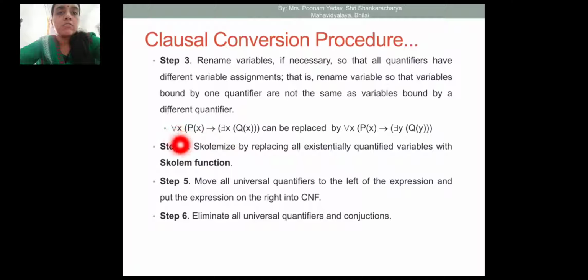Here two different quantifiers are using the same variable, so we rename it with y: for all x p(x) implies there exists y q(y). Then Skolemize by replacing all existentially quantified variables with Skolem functions. Step 5, move all universal quantifiers to the left of the expression and put the expression on the right-hand side. Then eliminate all universal quantifiers and conjunctions.